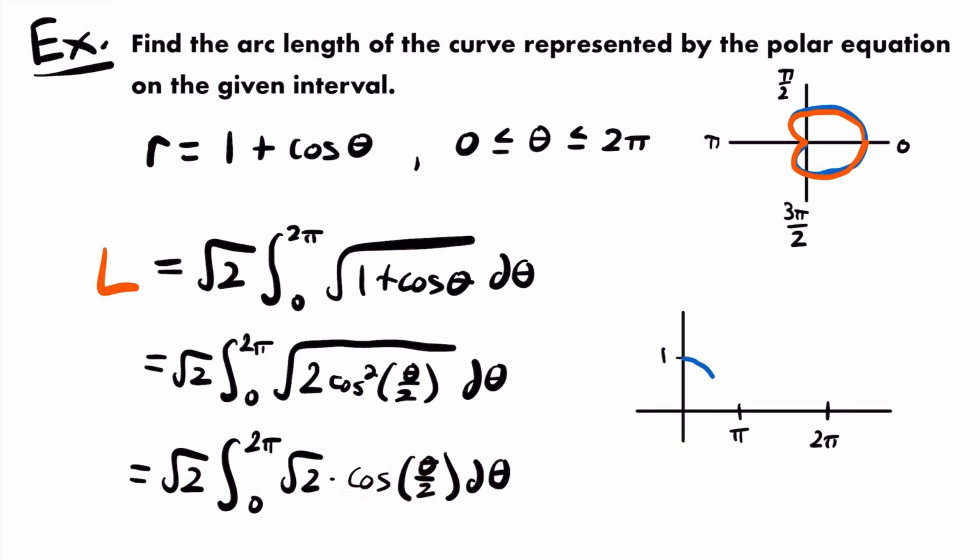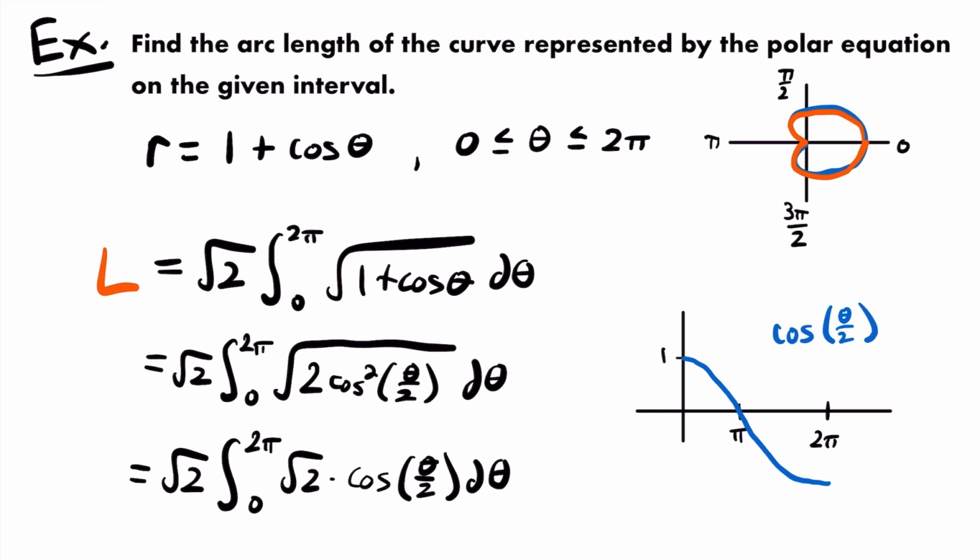We'll start here, pass through the x-axis at a value of pi, and then you're down to -1 along the y-axis at 2 pi. So cosine of theta divided by 2 is not positive for all values of theta between 0 and 2 pi. It's only positive for half of the values, from 0 to pi.